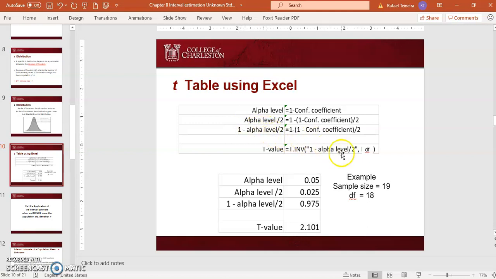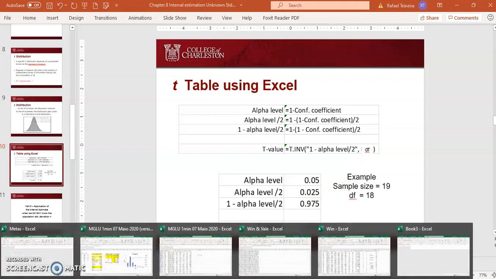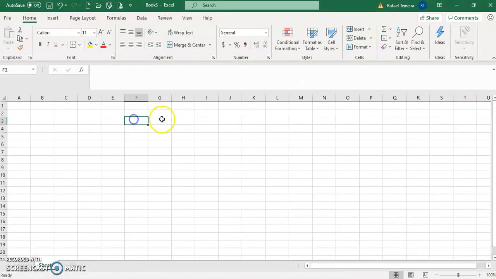We plug it into the function T.INV, open parentheses, we get this resulting number and plug it in here, then a comma, and we type the degrees of freedom. So let's do this example in Excel so you can see how to find it, okay?